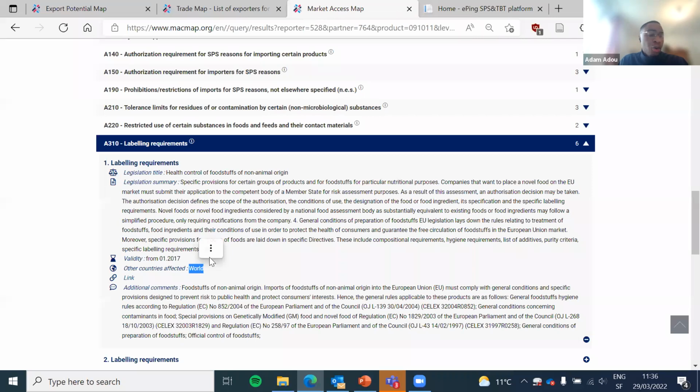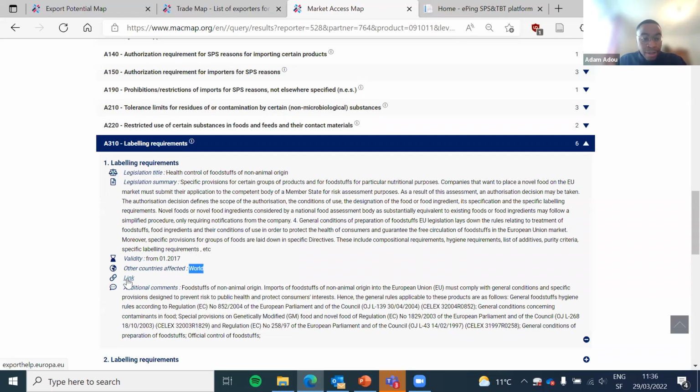In here, we see that all the countries in the world exporting ginger to the Netherlands need to comply with this specific export requirement, because when you look at other countries affected, it is the world, so all the countries.